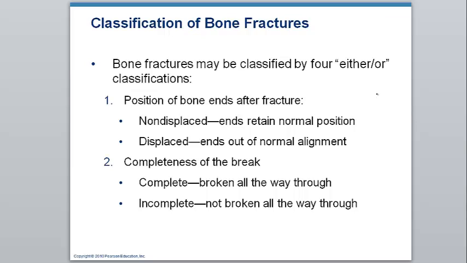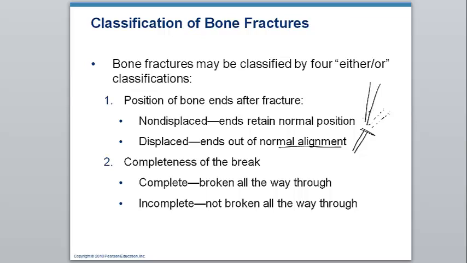Let's talk about the first one, displaced or non-displaced. So you have one part of the bone and you have the other part of the bone over here. Technically, the bone should be continuous, right? And the breakage has taken place, the fracture has taken place over here. If the original bone is shifted or the alignment has shifted, it's called displaced, ends out of normal alignment.